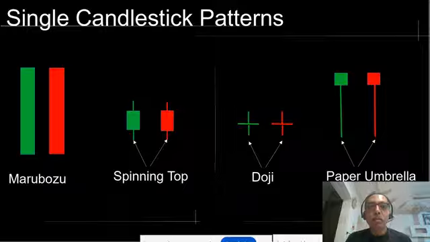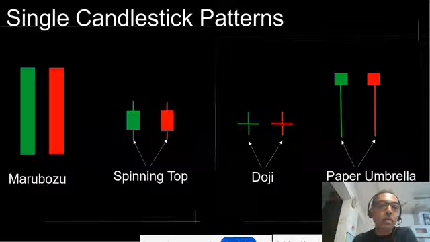So there are, as I mentioned, multiple types of candlesticks, but these are usually the most popular or famous ones. The first one is called a Marubozu candle. It could be either a complete body of green or a complete body of red. What does it mean? It means the price opened at the bottom, and the bulls, or the buyers, and bulls are usually one and the same thing, kept on buying for this whole time period.